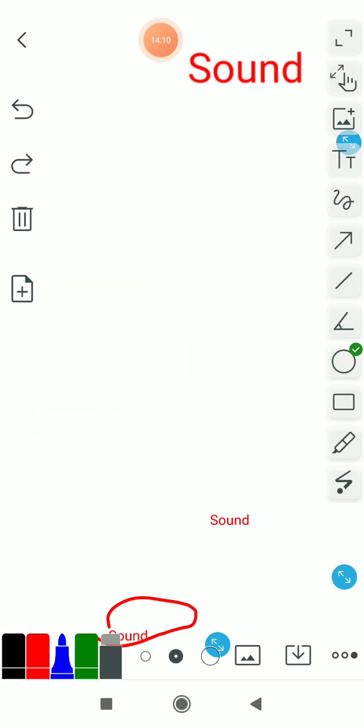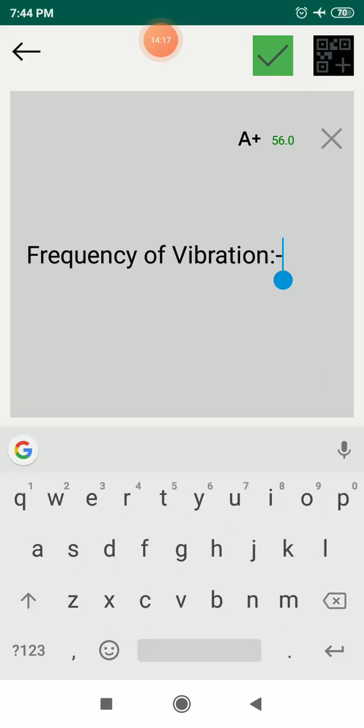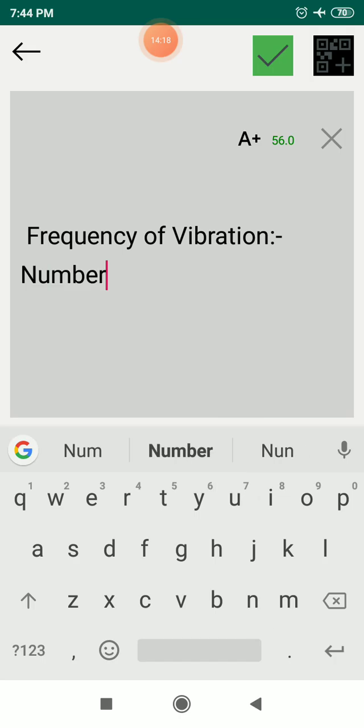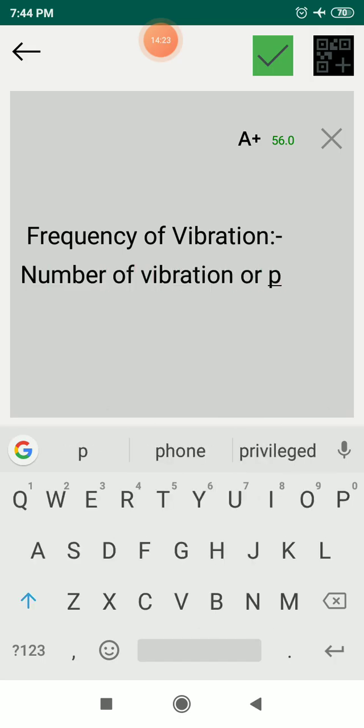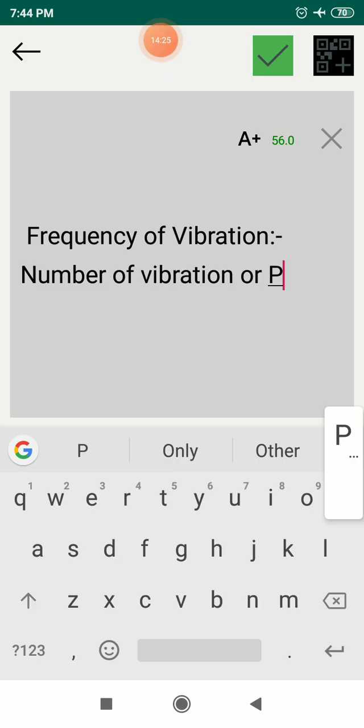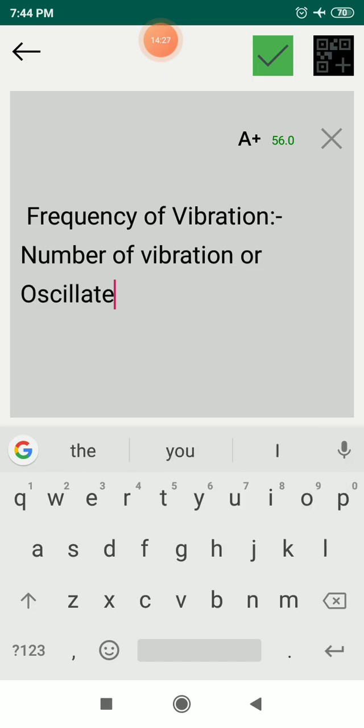If we generalize this, what can we write? Frequency of vibration is the number of vibrations or oscillations in 1 second.